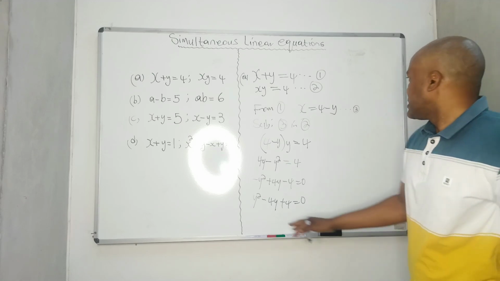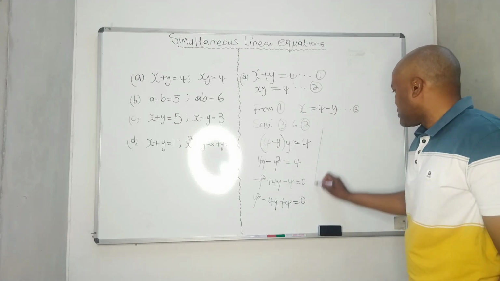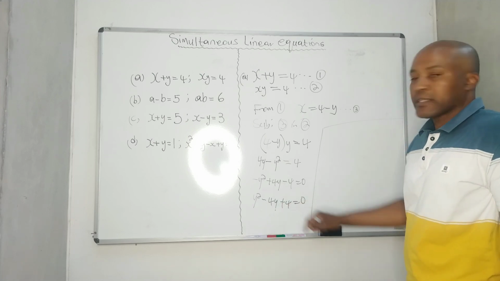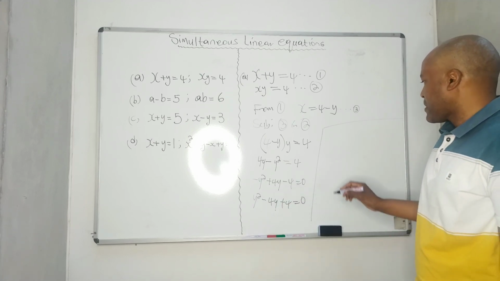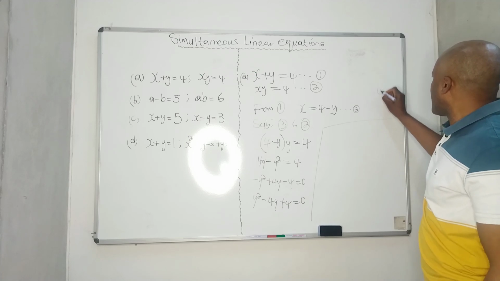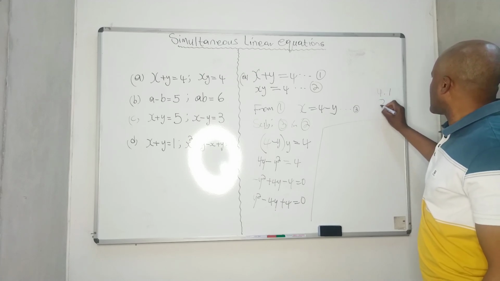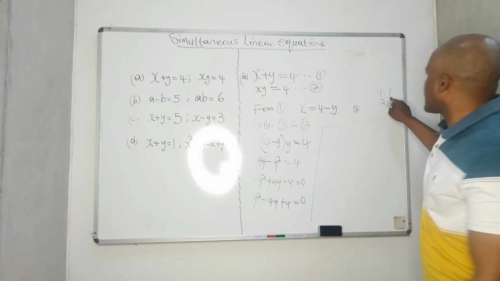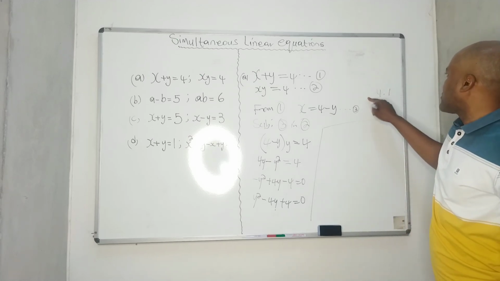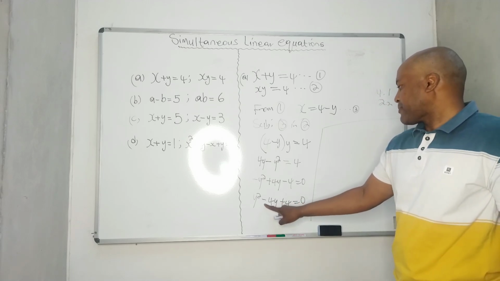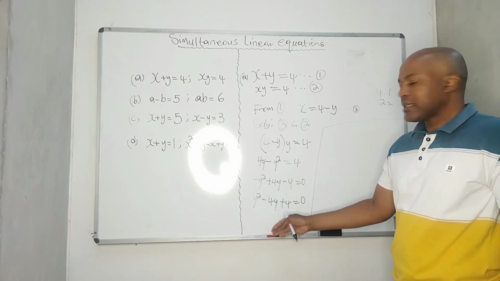Right? Then here you look for the factors. You factorize this. So the factors of 4, you've got 4 and 1, 2 and 2. So now, which factors are going to favor you here when you subtract or add and get the what?